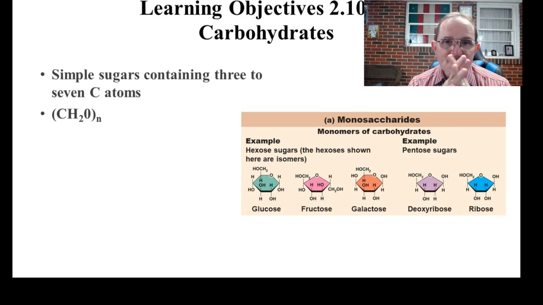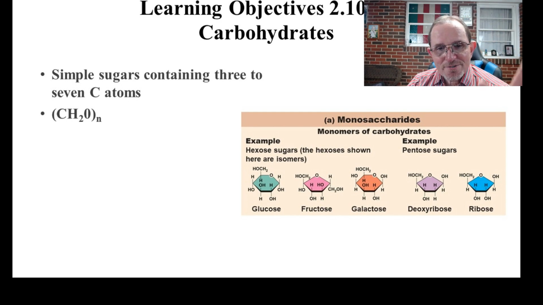Okay, so the simple sugars have anywhere from 3 to 7 carbon atoms. Here's some of the most common. There's the glucose. That's our normal blood sugar. One of the carbons is actually outside the ring, and there's oxygen in there, but it's a 6-sided ring structure. They call it hexose.